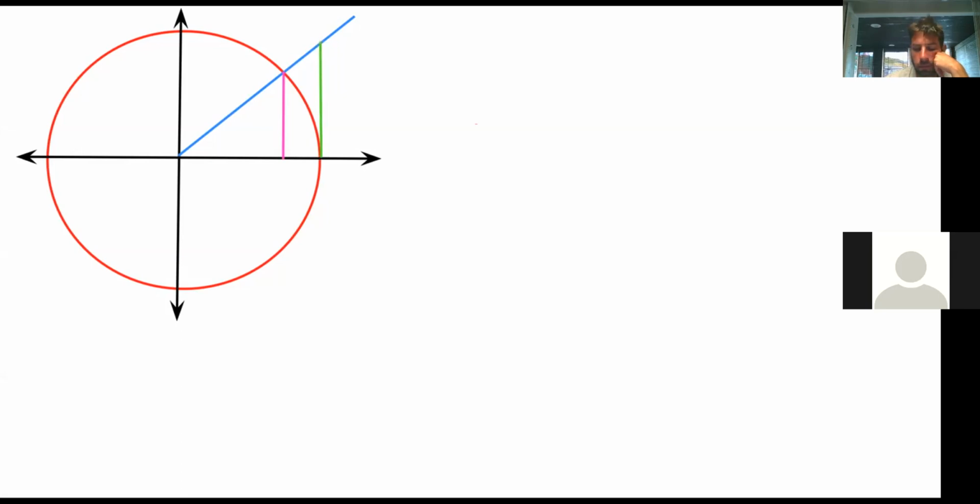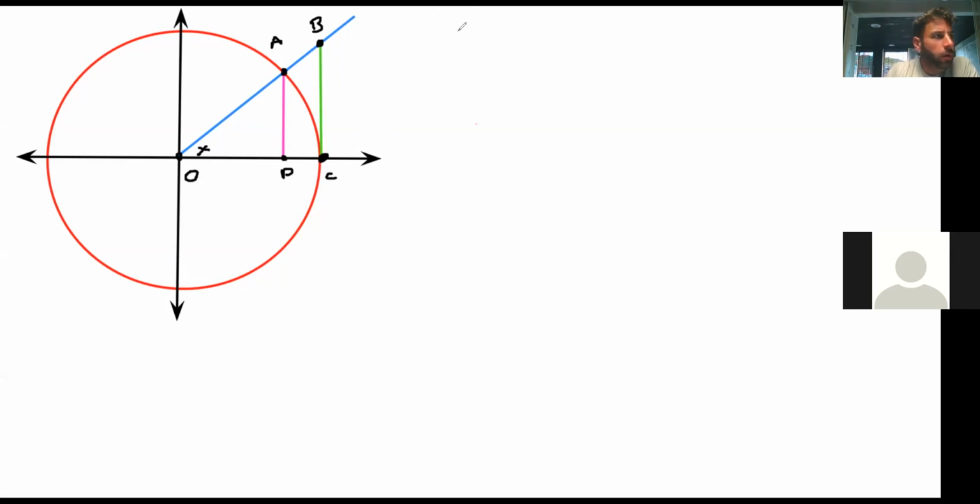Because now we want to remember, this is the origin, this is x, this is A, B, C, D, and the length of this radius is 1.